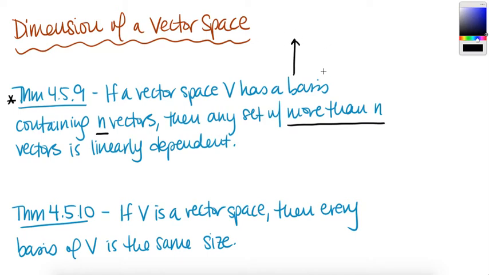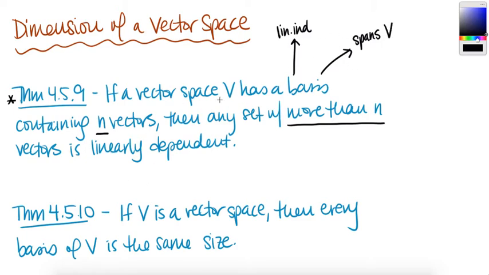A basis has to have two main properties. Now, what are those properties? I'm going to pretend like you said it out loud to your computer. You said that it was linearly independent and that it spans the vector space V.